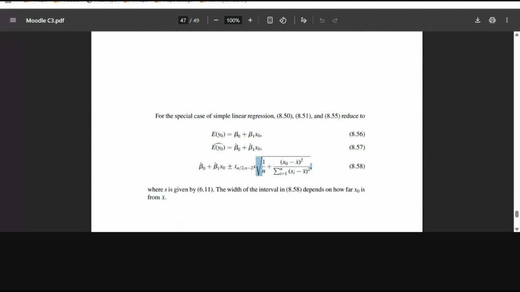Does that make intuitive sense? In other words, if you pick a value of the predictor variable that is very close to the mean value of the predictor variables, your estimation is more precise. Which makes sense? If you pick distant things far from the mean, those are rare things, then you are punished by a wider confidence interval.